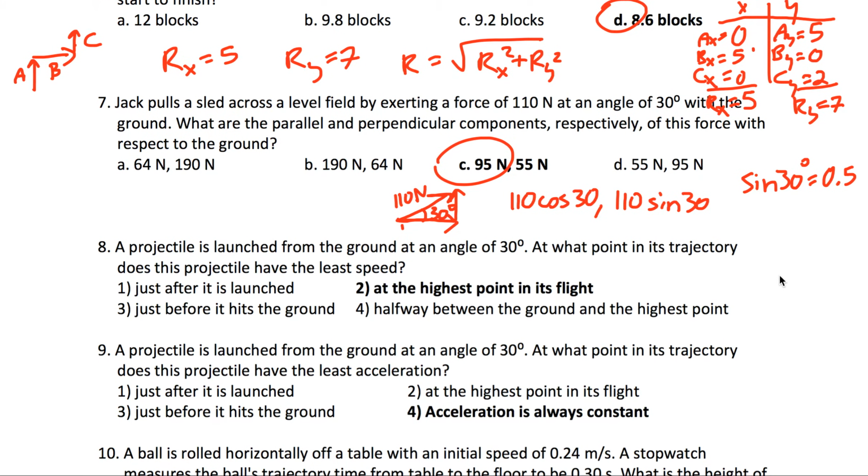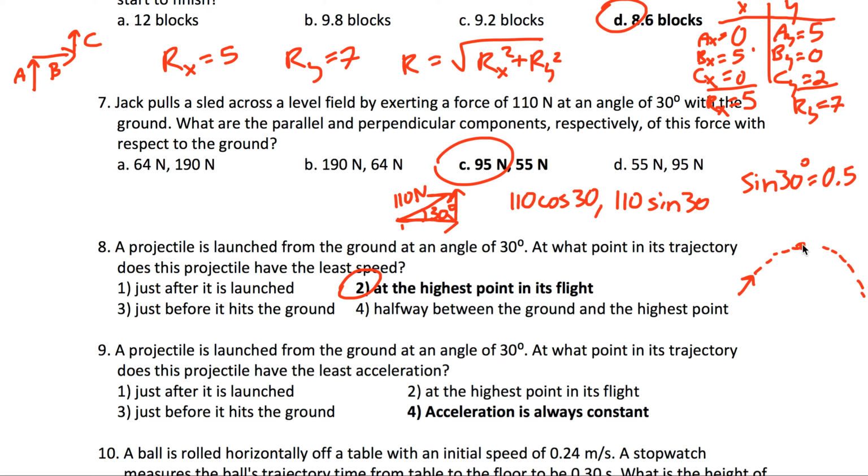Let's do numbers 8 and 9. So for the trajectory of the projectile, you have the least speed at the highest point in the flight. This is because if you draw this out, the projectile is launched at this angle, and then it's going to come back down. At the peak here, we know that it only has a horizontal component to the velocity.